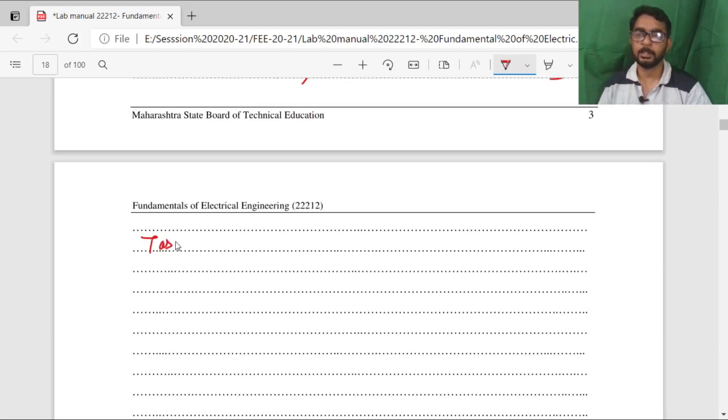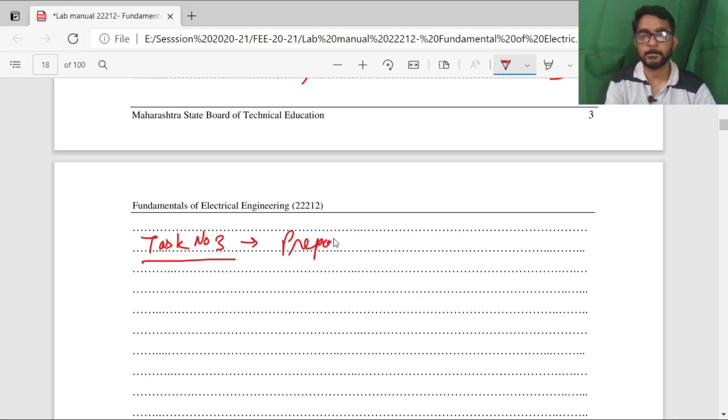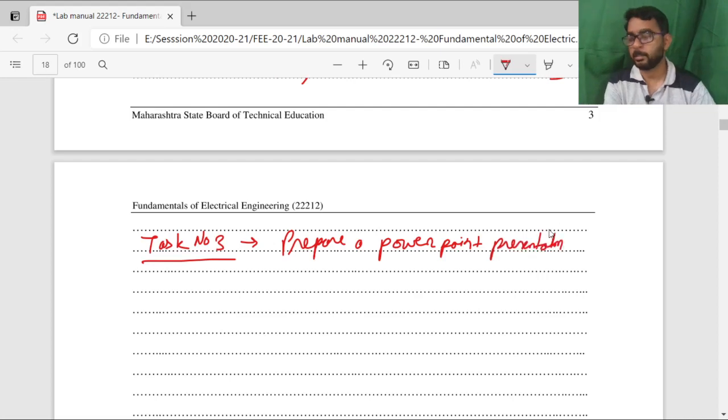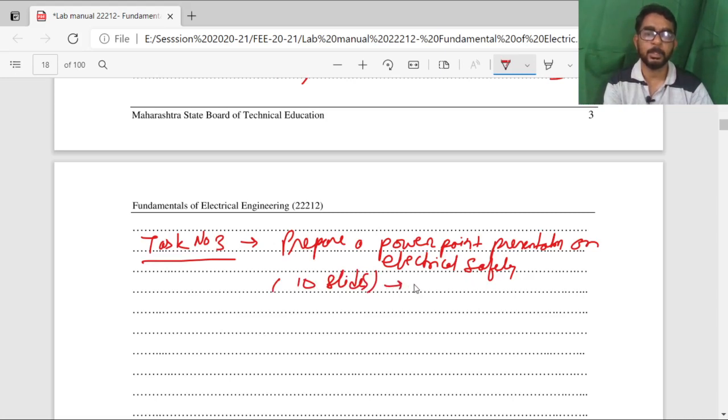Then task number 3. Prepare a PowerPoint presentation on electrical safety, up to 10 slides, and this presentation should be done by individual students.